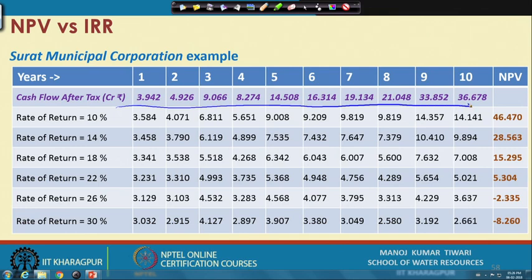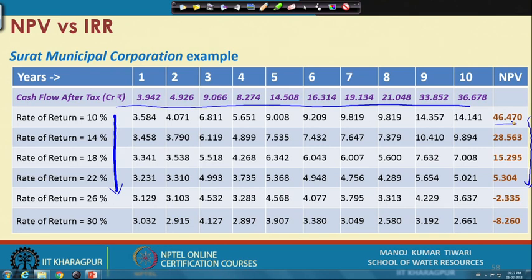Then, if we take different rates of return, we get different net present values. At a rate of return, or a discount rate, of 10%, the NPV of the project is around 46 crore rupees.